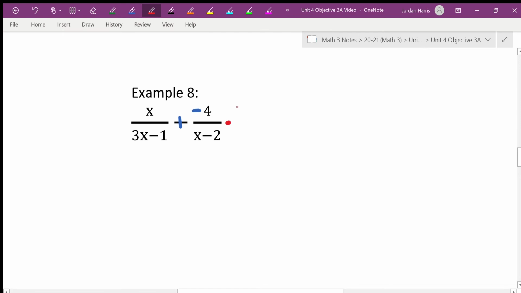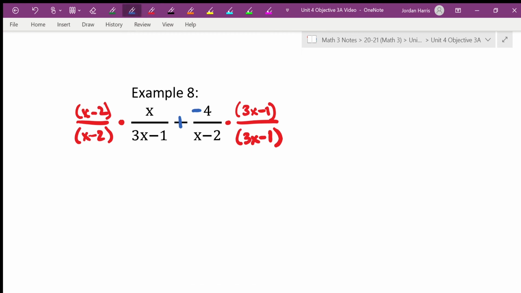So I'm going to multiply this whole thing by 3x minus 1 over 3x minus 1. That is the factor that is missing. This one I'm going to multiply by x minus 2 over x minus 2. It looks complicated, but notice they're the same, right? They simplify to just 1, so I'm not changing the value, just changing the look. So we got to distribute, because we're going to have to simplify if possible.